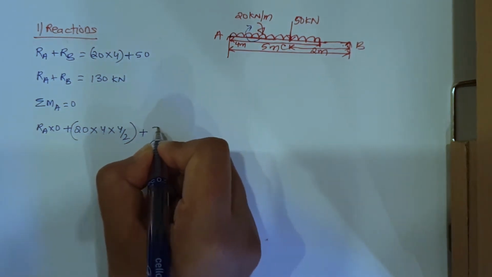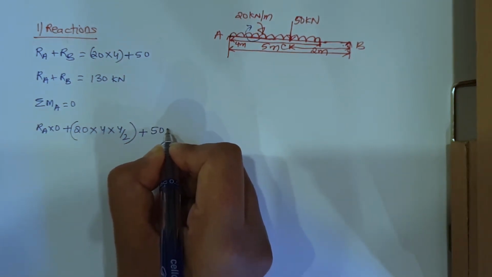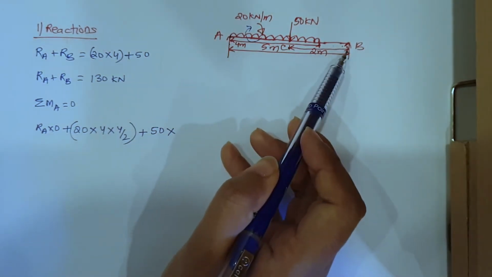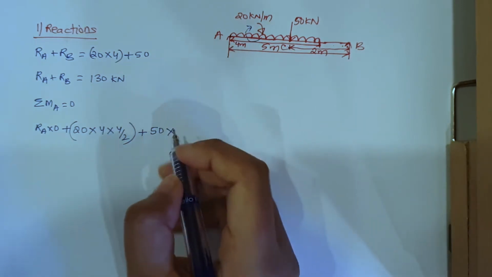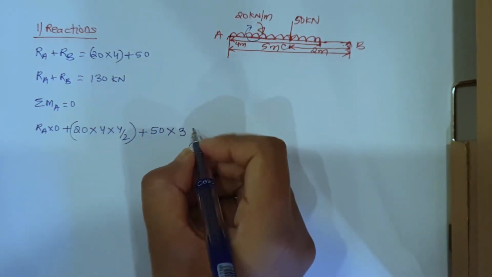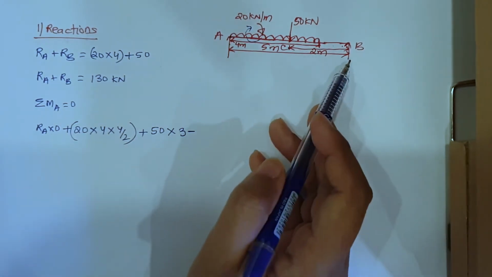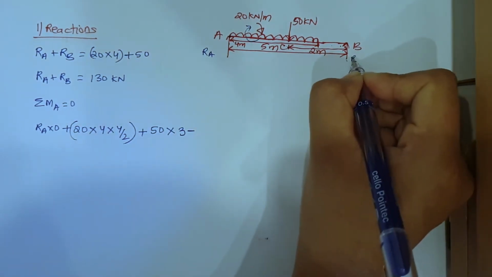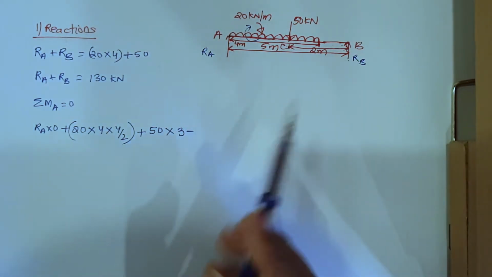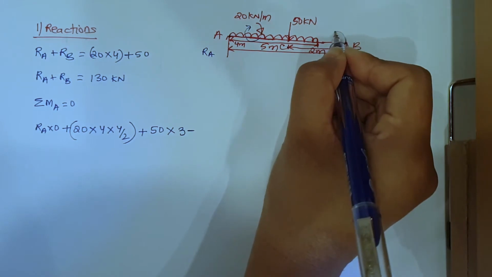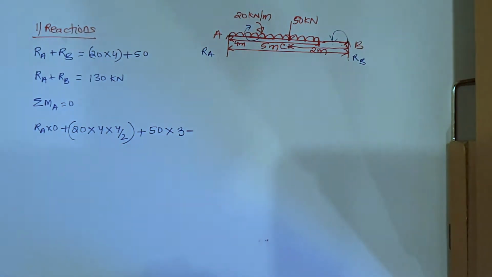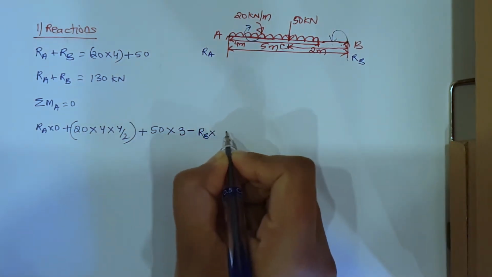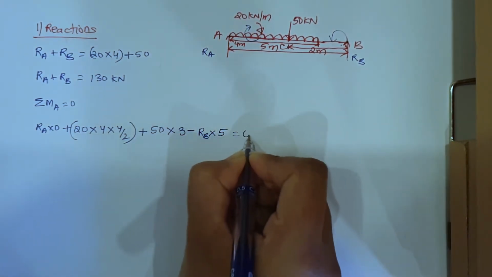Plus next I have the point load 50 kN into the remaining distance. If from here to here is 2 meters, the remaining will be 3. So 50 into 3, minus, next I have reaction RB here. Here I have RA and here RB. RB will be going in this direction, which is anti-clockwise direction. So minus RB into the total distance 5 equals 0.